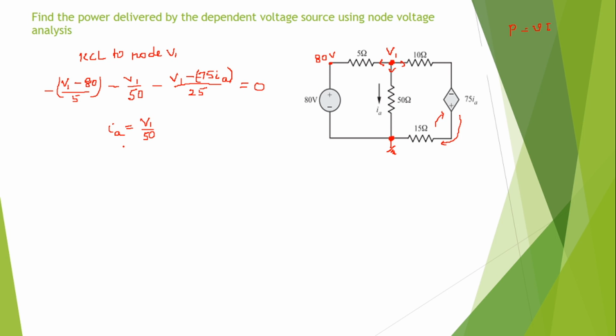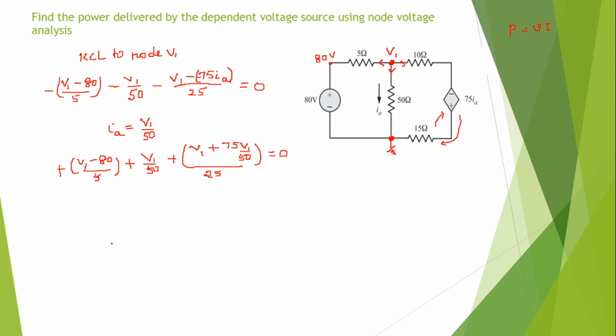By substituting this, we get minus (V1 minus 80) by 5, minus V1 by 50, minus (V1 minus 75 times V1 by 50) whole divided by 25, equal to 0. These are all currents through passive elements, so multiply by minus 1.